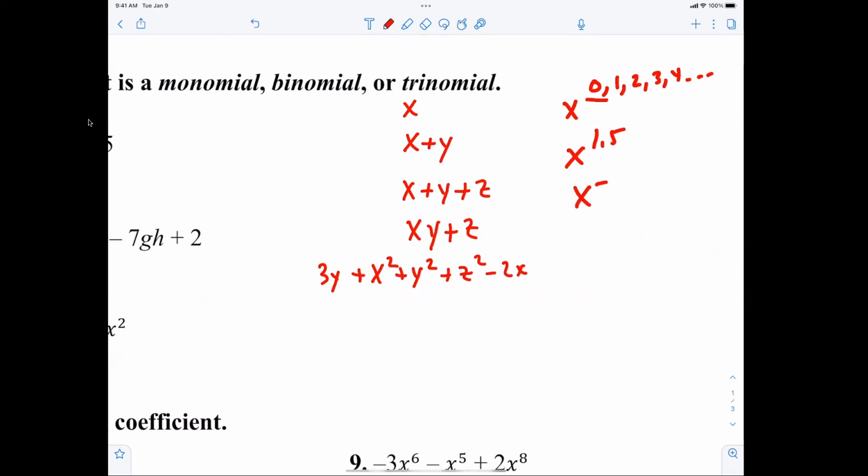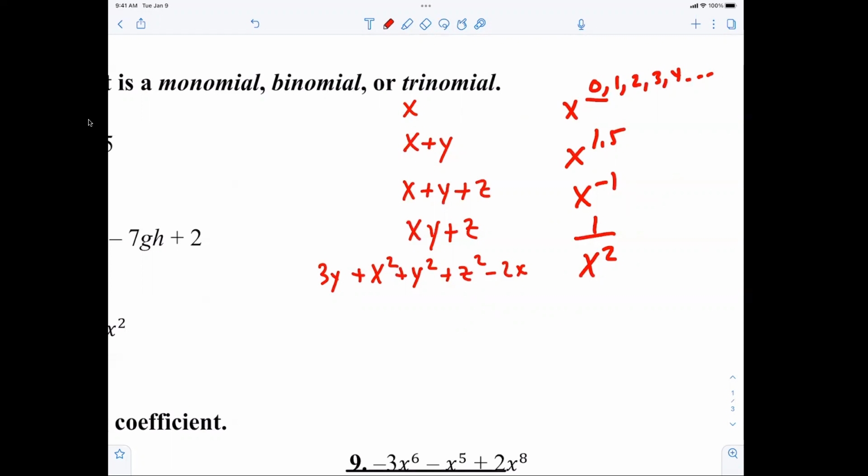It cannot be to the -1, or 1 over X squared. The exponents must be whole numbers. And again, you're never going to have a variable in the denominator, because a variable in the denominator would make it negative.